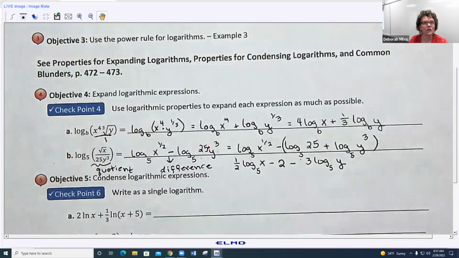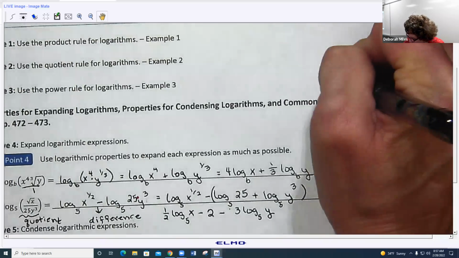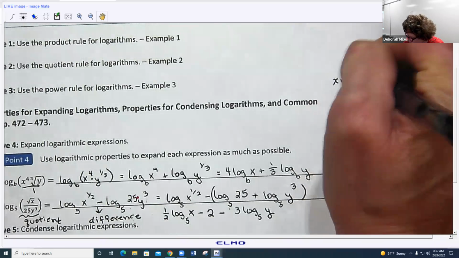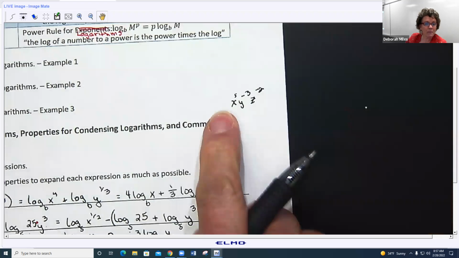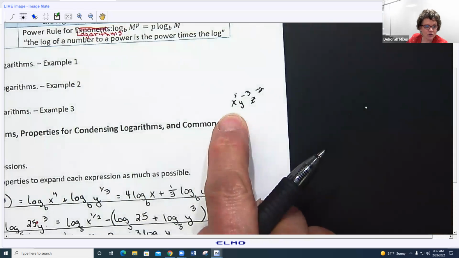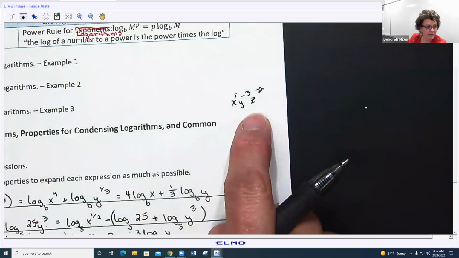And when we first learned exponents, anything about negative exponents, we learned that anything with a positive exponent is going to end up in the numerator, and anything with a negative exponent is going to end up in the denominator.